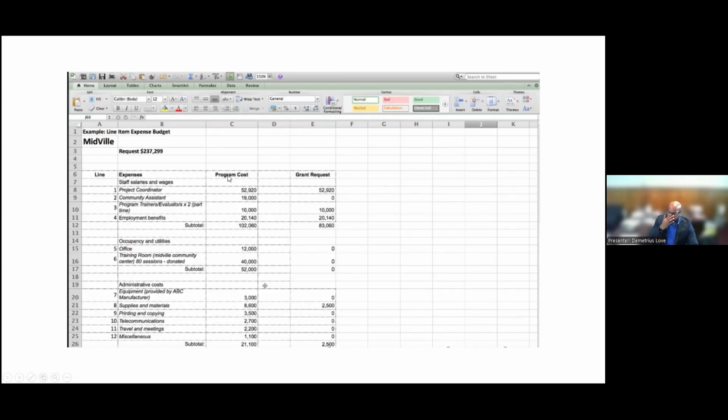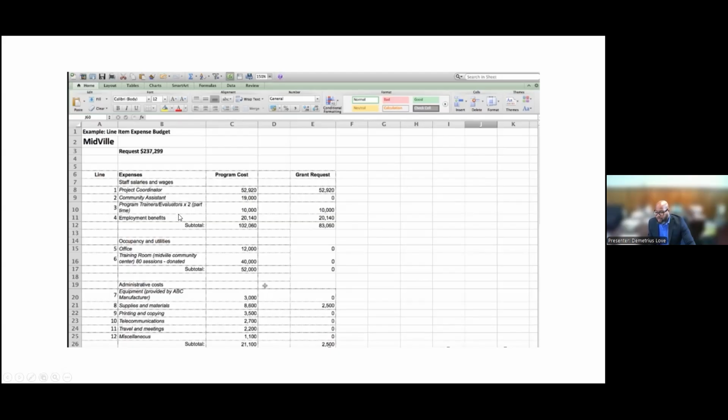When I'm evaluating those who are applying for a grant, I look at this, because if the grant is funding 100% of everything, then you're going to have a challenge of being viable. So you want to break it out.